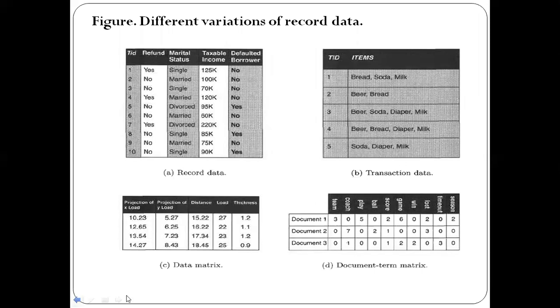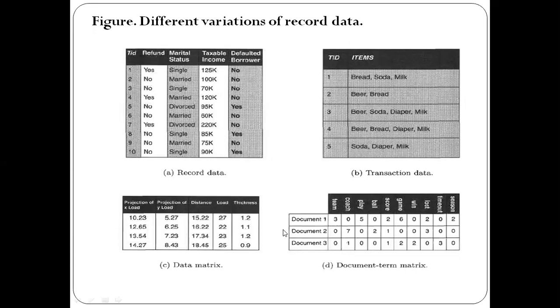For example, this data has been represented in the form of a matrix, with m rows and n columns. Rows are the data objects and columns are the attributes. So this is the second type of record data.